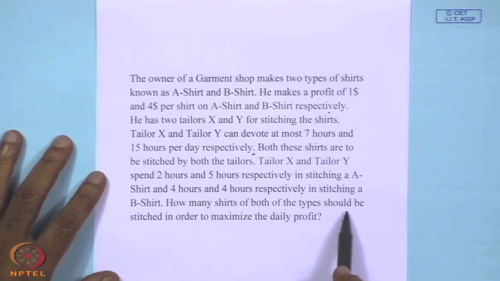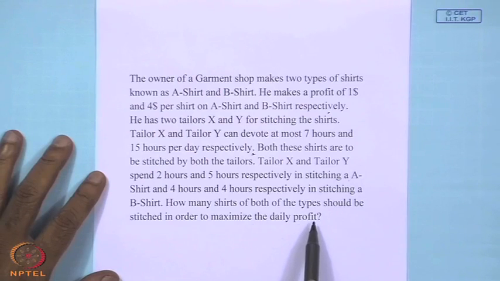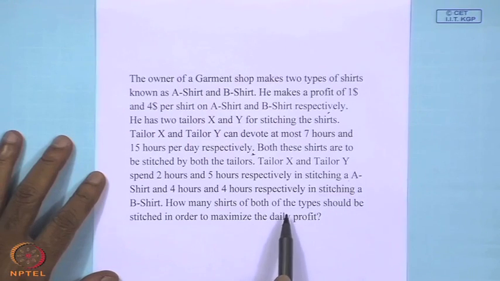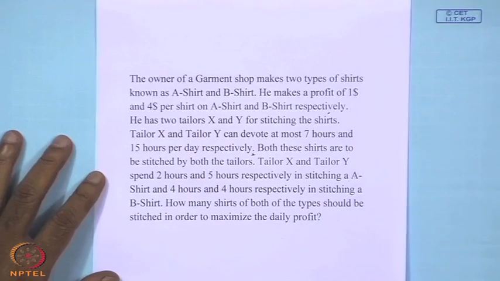How many shirts of both types should be stitched in order to maximize the daily profit? We are talking on a daily basis. So, basically daily profit has to be maximized. So, how many of each type should be made? This is the problem.